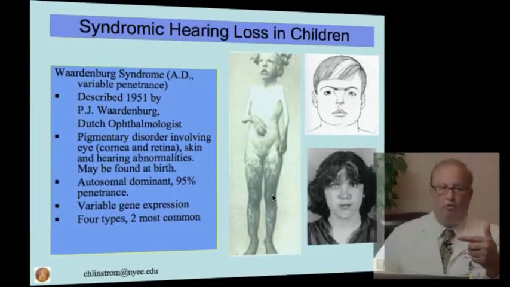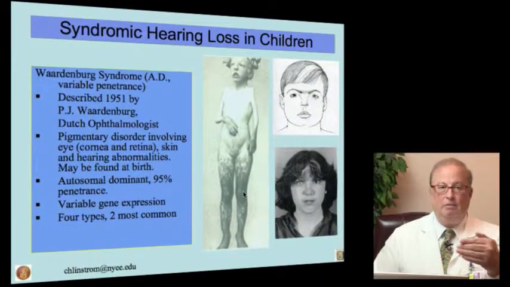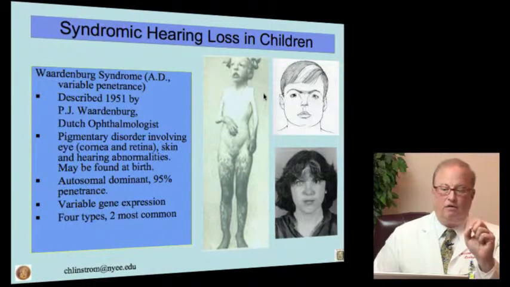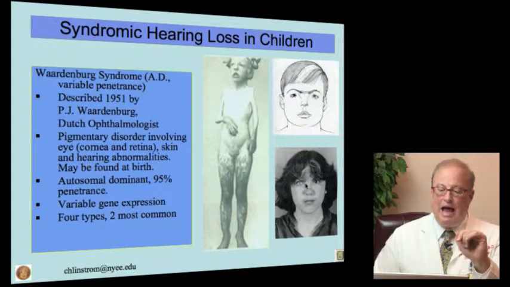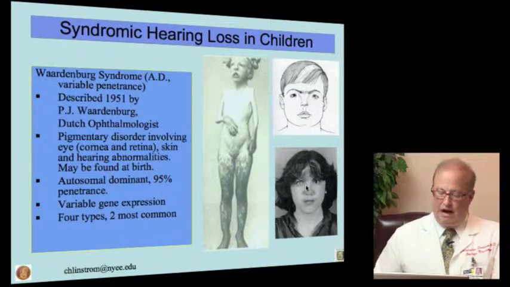But Waardenburg described a whole syndrome, and it bears his name, of children and adults that had certain features: a white forelock, heterochromia iridum, even in this black and white photo you can see it, and dystopia cantorum. So the inferior lacrimal punctum is shifted laterally at least to the limbus of the iris.